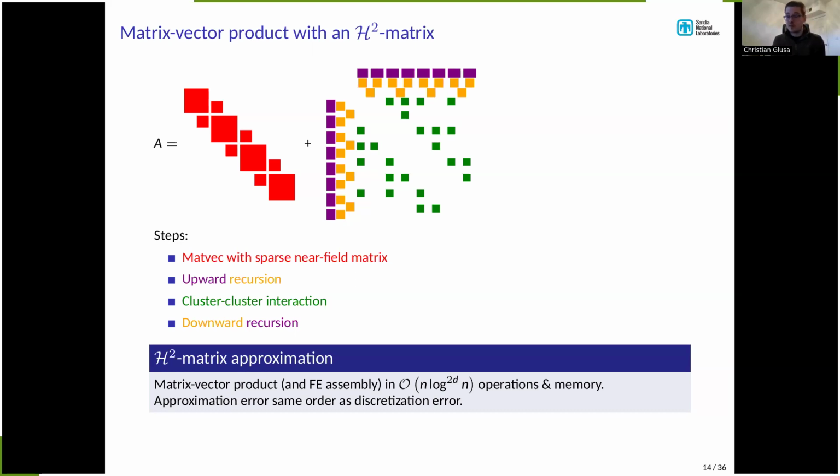But there are very few of those now, and so we can save that in a sparse matrix, the same as what you would have in a classical PDE setting. And then we have to loop through this tree structure in a two sweep fashion, sweep through that twice, and also apply all these far field interaction boxes. So effectively, this boils down to a whole lot of matrix vector products.